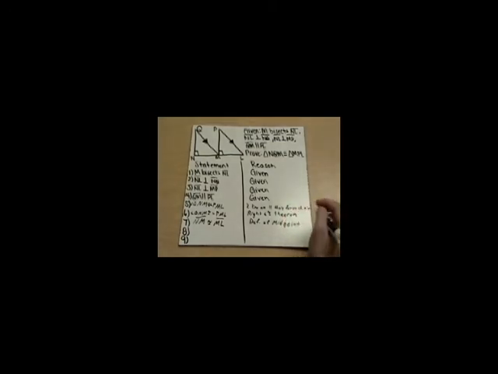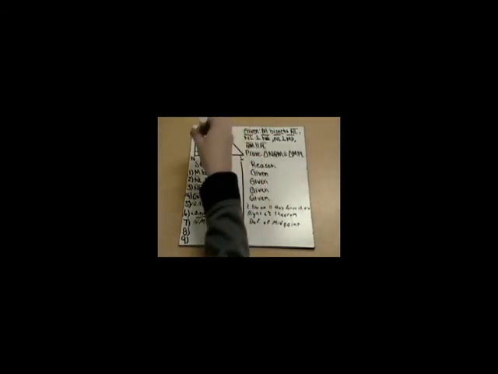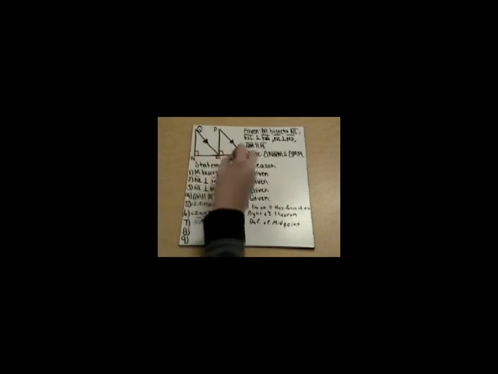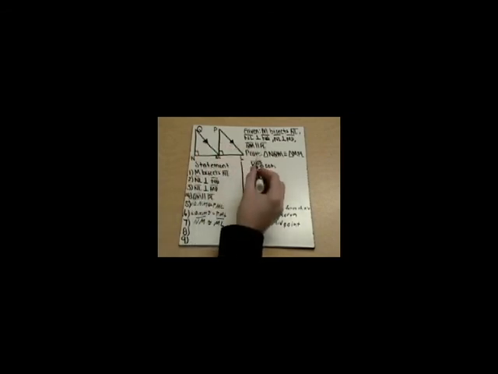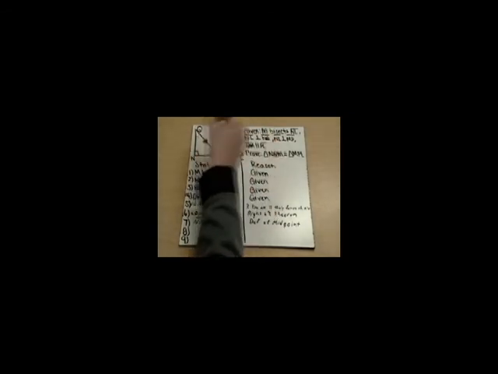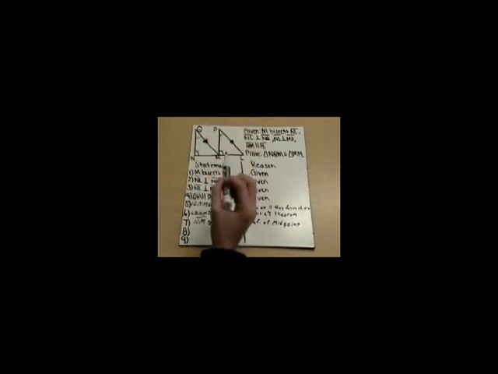And then for 8, since QMN is congruent to Q, because these are both parallel, and these are both right angles, and these are both equal, that means that this angle has to be the same because of the corresponding angle postulate.